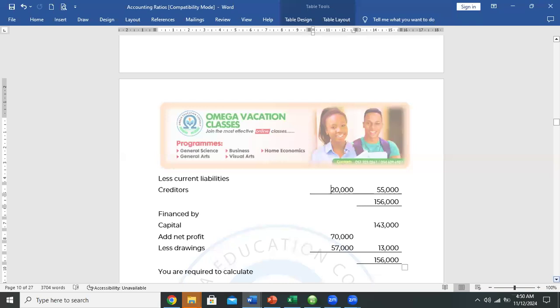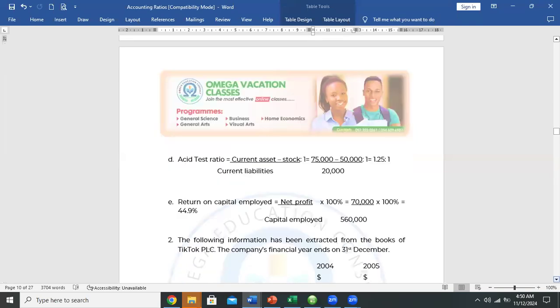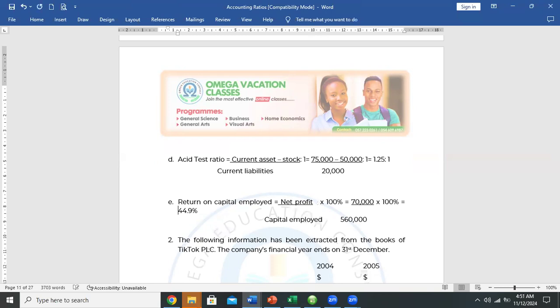You put in the figures and you are going to get a return on capital employed ratio of 44.9%. Okay, great. So you see that it's not really difficult, right? You just have to know where to pick the figures. That's where most students find the challenges.